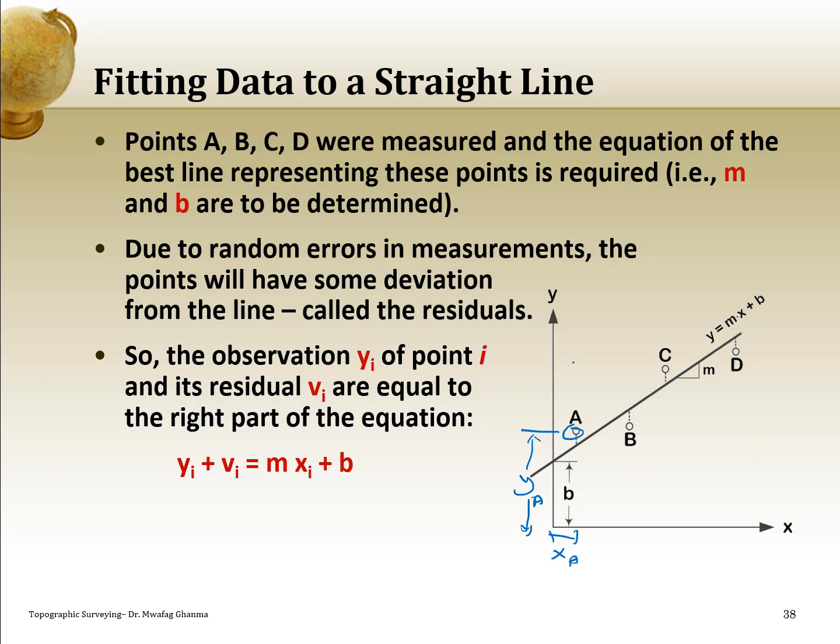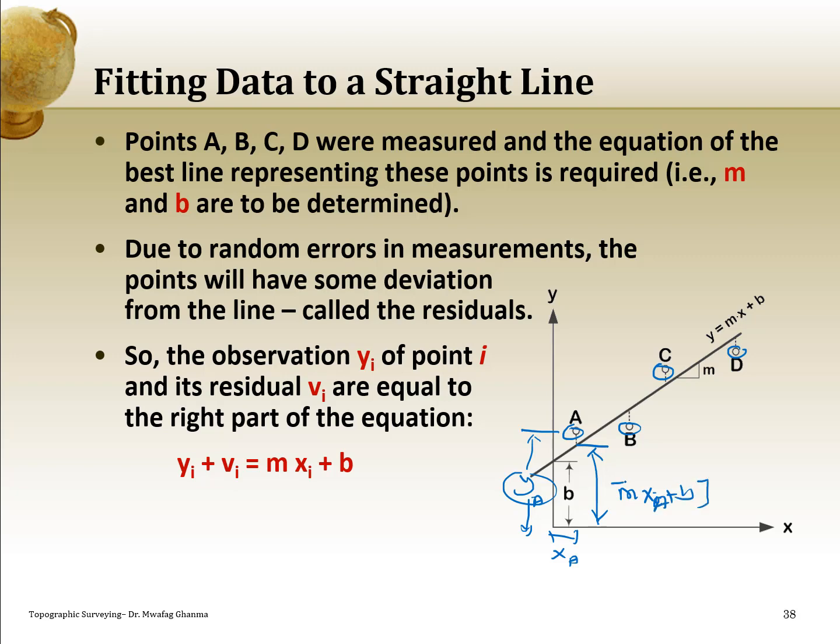Now, as you can see, the line that we fit will not go directly through the points, because we have random errors. The line will not go through all the points because of the random errors, and that's why the observation y that we measure, for example ya for point A, is the value that we get from mx plus b, or mxa, let's say.